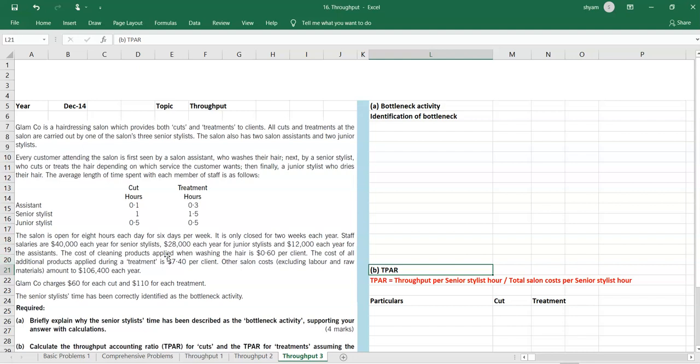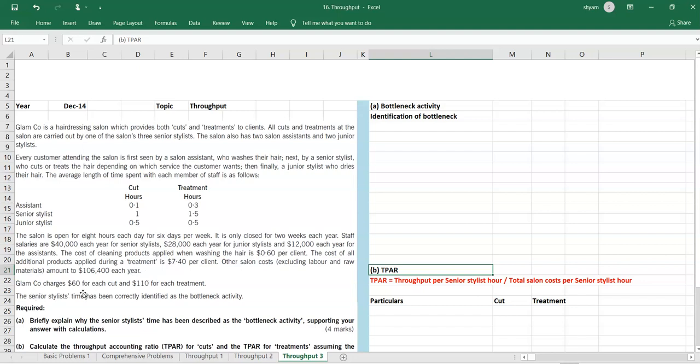The cost of cleaning products applied when washing the hair is 0.6 per client. The cost of all additional products applied during a treatment is 7.4. So this is the direct material cost. Other salon costs, excluding labor and raw materials, amount to 106,400 each year.